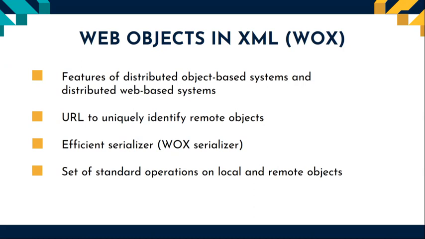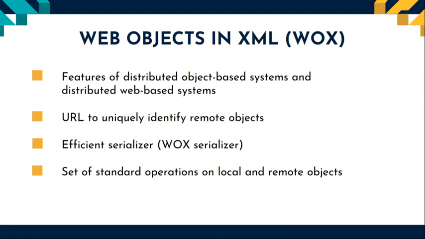WOX uses an efficient serializer called the WOX serializer, which is the basis of the framework for serializing objects, requests, and responses exchanged between clients and servers. This serializer is an independent XML library, which is capable of serializing Java, C#, PHP, and Python objects to XML, and vice versa.